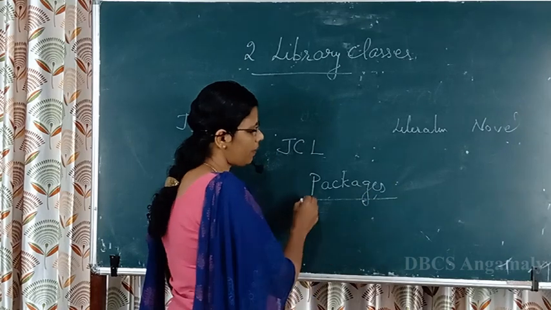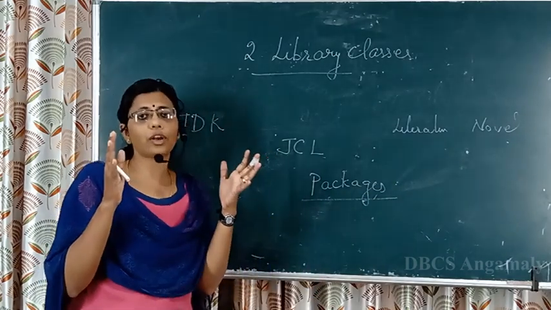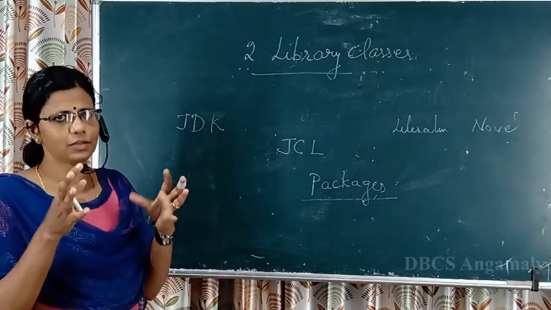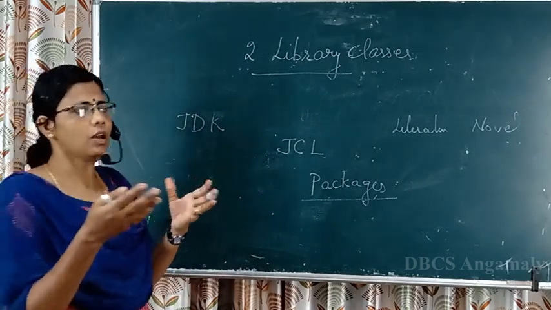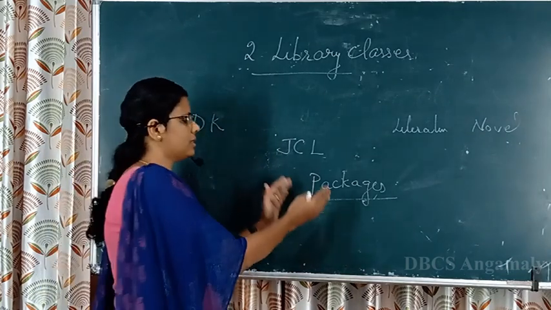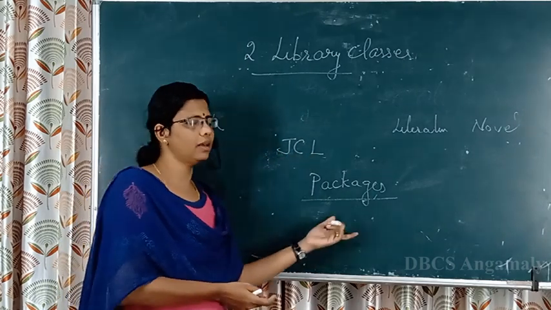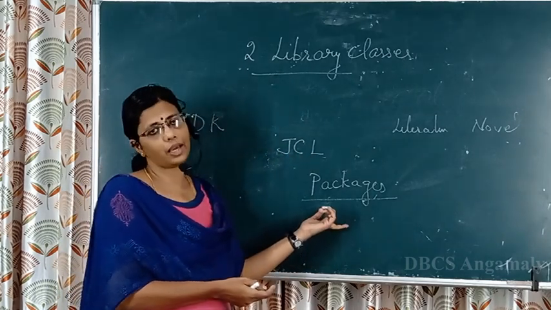Okay, then what are packages? Packages are nothing but a collection of classes, classes which may be related to each other for one particular purpose. All these classes will be under something called a package. So we say JCL is nothing but a collection of packages.